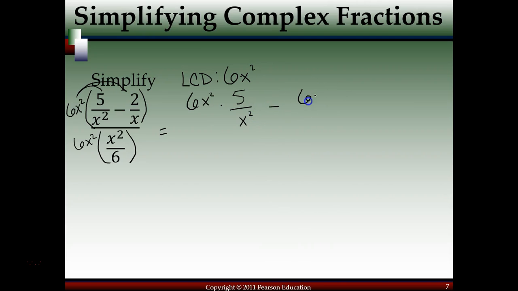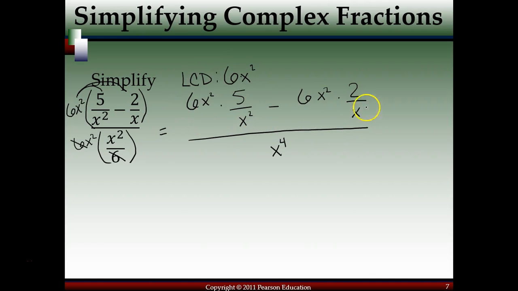And again, 6x squared, because we're distributing, times 2 over x. I'm going to go ahead and multiply the 6x squared times the x squared over 6. Well, these are the same in the numerator and denominator, so they can cancel out. And now we just multiply straight across. x squared times x squared, that's x to the 4th.